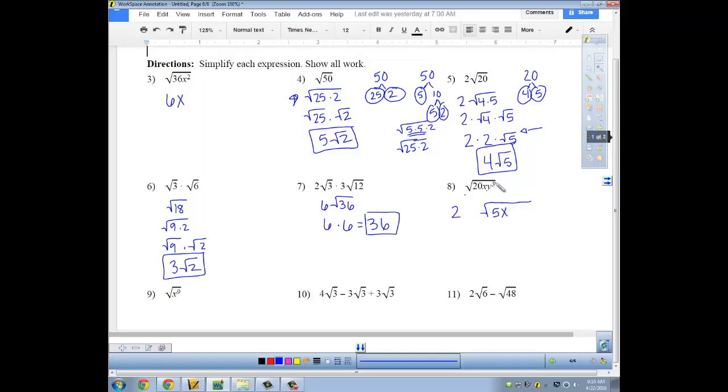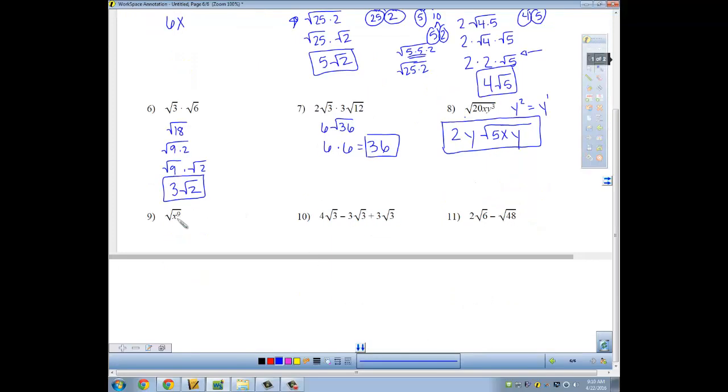And y cubed, that's odd, so remember our trick is subtract by 1, so that's y to the second. Divide that by 2, so y to the second divided by 2 is y to the first, so just y, that's going to go out in front. Since I had to subtract 1 since it was odd, we have 1 left on the inside. So remember, if you have an odd exponent, you will have exactly 1 variable left on the inside.